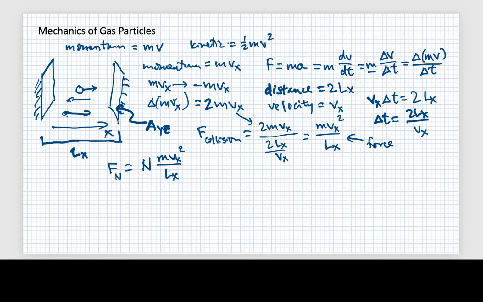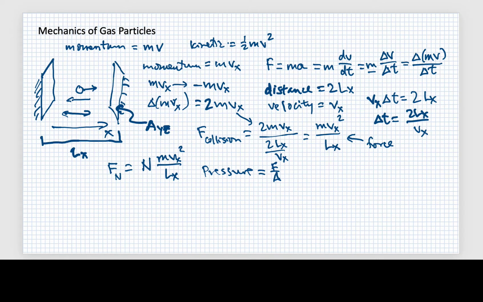All right, pretty easy. But remember, when we talk about the ideal gas law, it's not the force that we care about so much as the pressure. And the pressure is given as force per unit area. Well, we have an area here. It's the area of that wall.